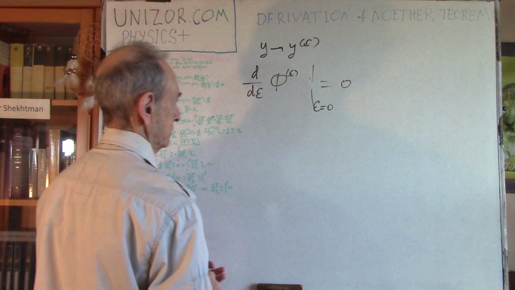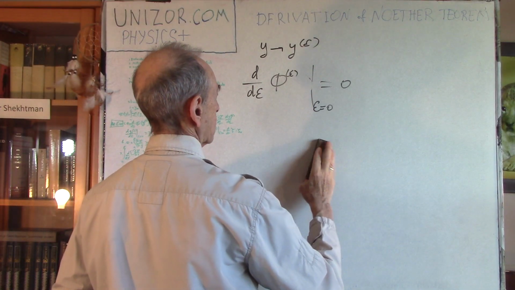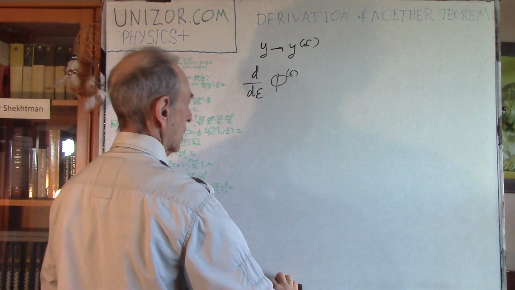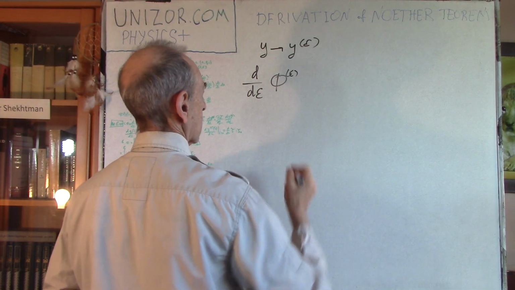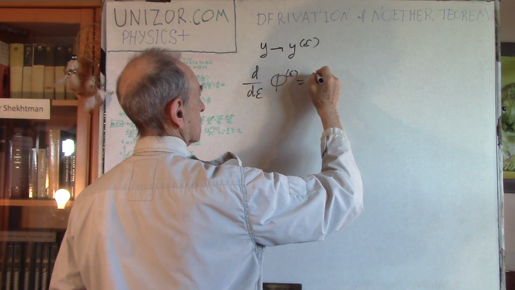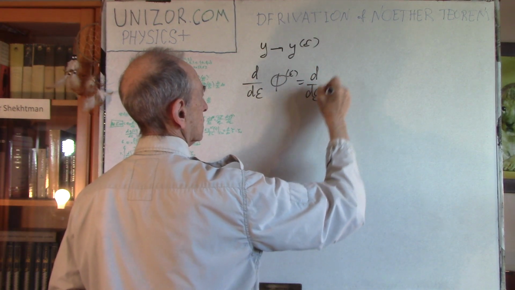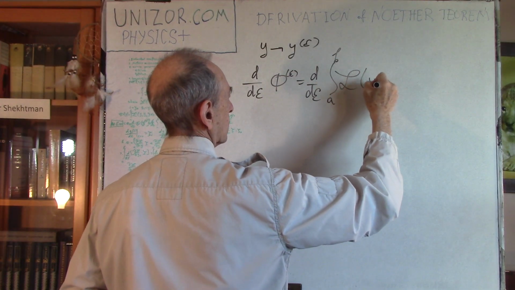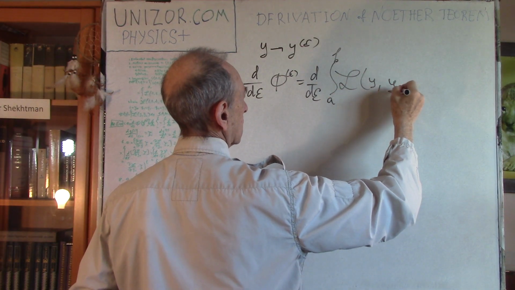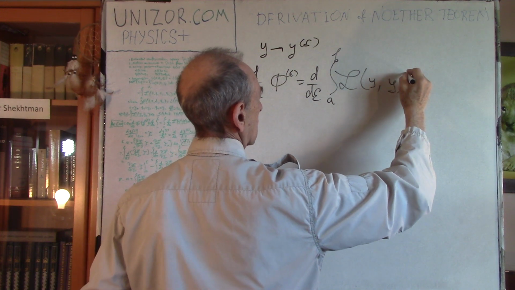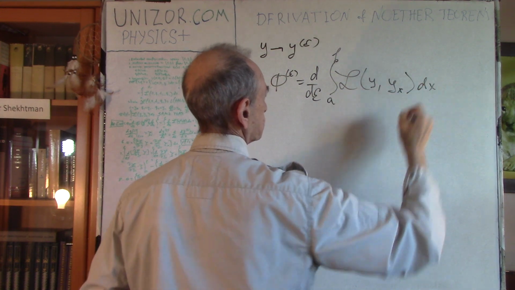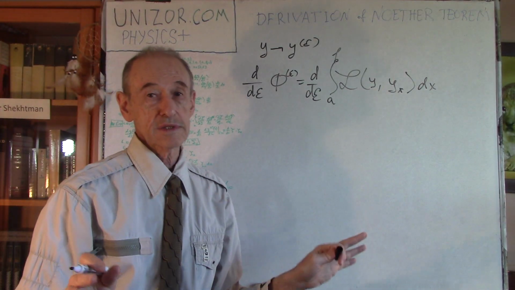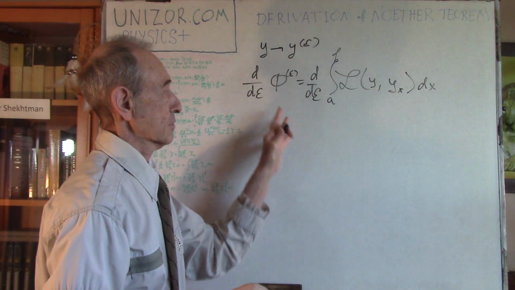All right. So first of all, I will probably skip writing epsilon equal to 0. I will assume it's everywhere. This is d by d epsilon of the integral from a to b of L of y and y_x dx. Now x is a parameter from a to b, so x has nothing to do with epsilon.